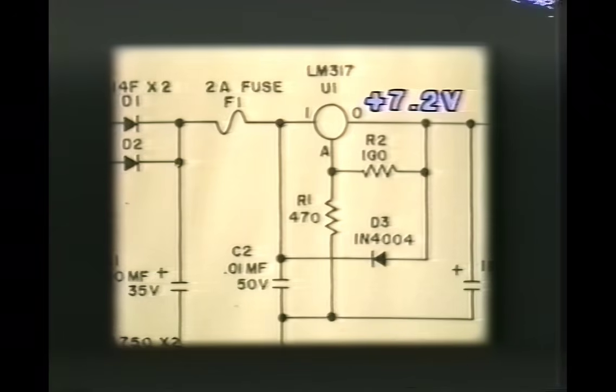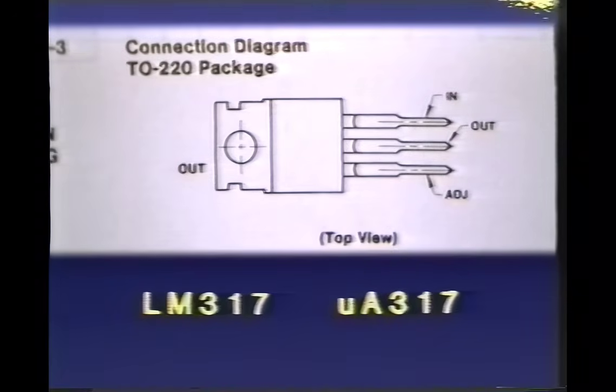The output voltage of the regulator is determined by these 2 resistors, and by changing the value of these resistors, the output voltage of the regulator can be adjusted. The connection points of the type 317 regulator are different from those we saw earlier. In the 317, the output of the regulator is the center lead and the tab, and the input and adjustment leads are on either side.